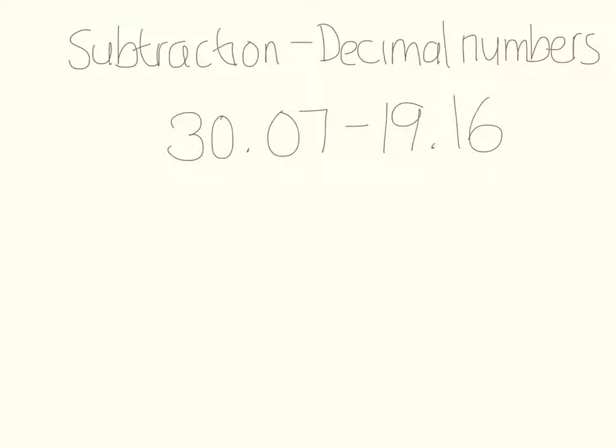Now the final sum that I'm going to look at is one which involves 2 zeros. So I've got 30.07 take away 19.16. So first of all I put the number that I'm starting off with, so 30.07. From that I'm going to take away 19.16.